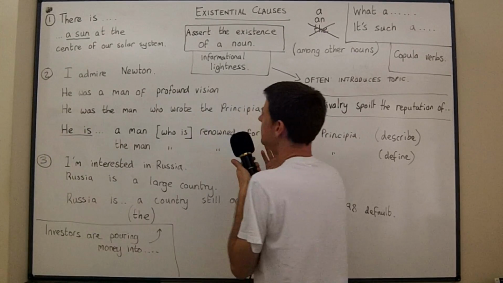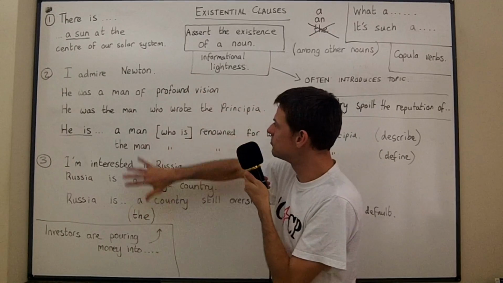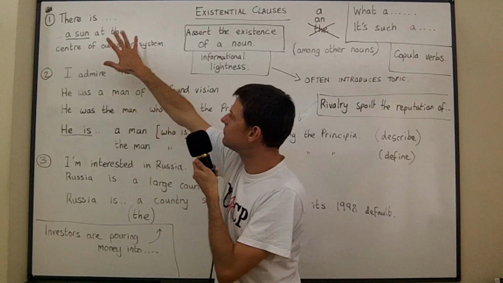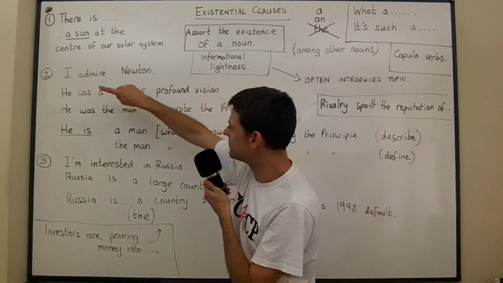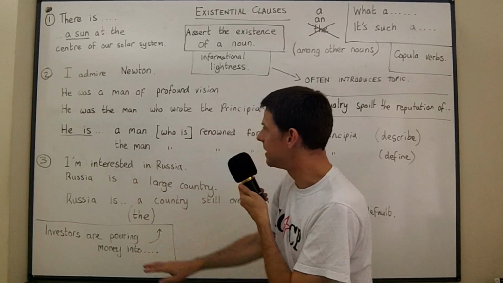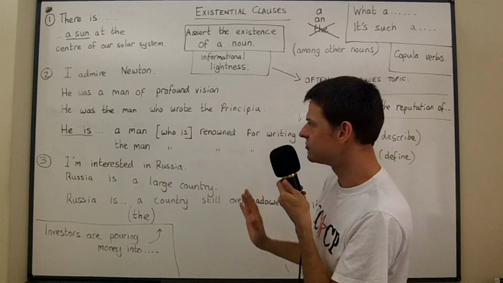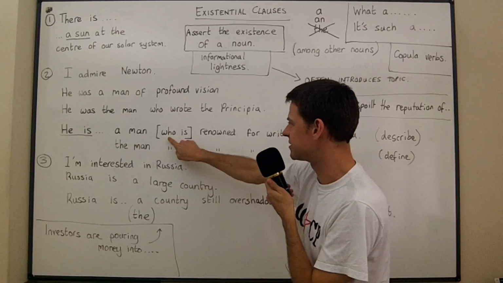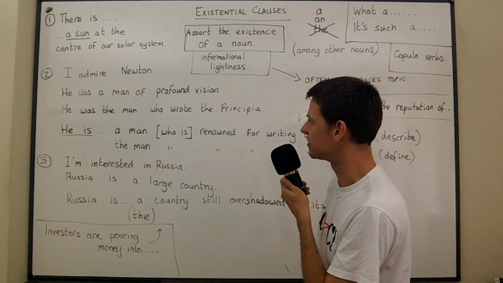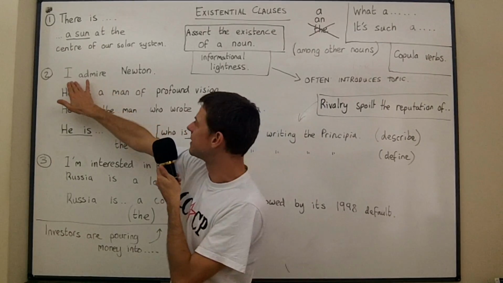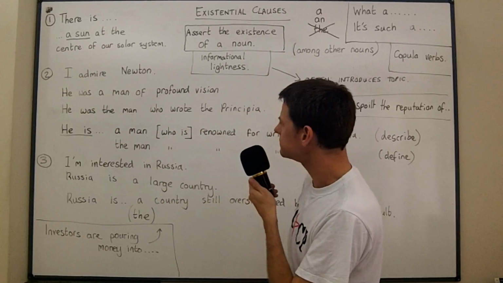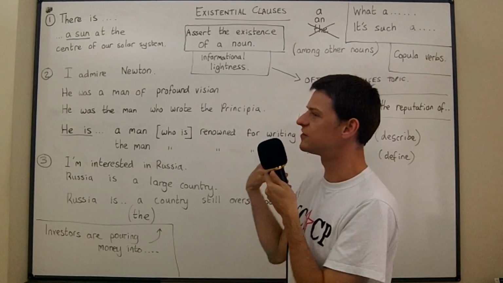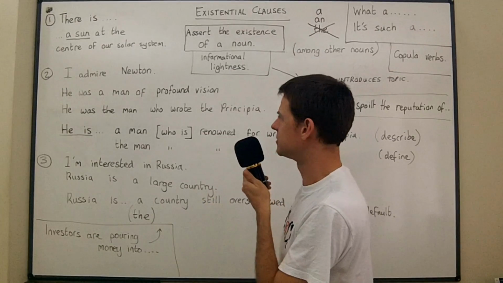Now I've tried to explain this with two more examples here, which are not really like there is, but they still have the verb to be in them, although I'm going to show you that that's not strictly necessary, especially in these reduced relative clauses. Now if I say something like this, I admire Newton, and then I'll go on to assert a few facts about Newton.